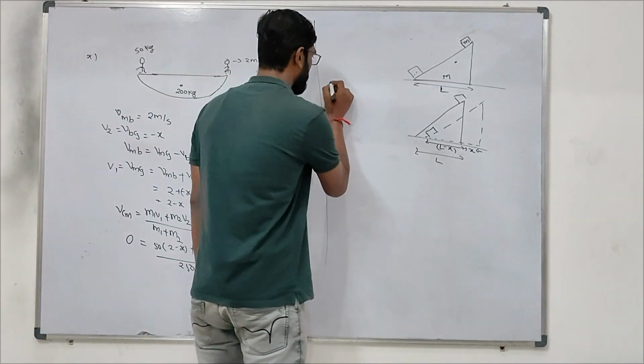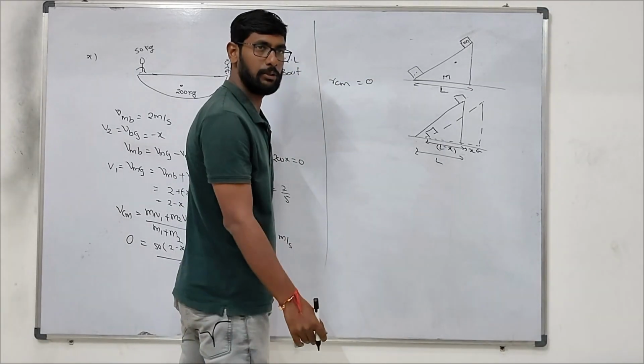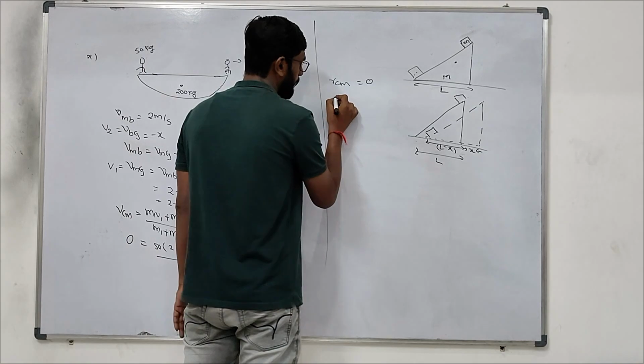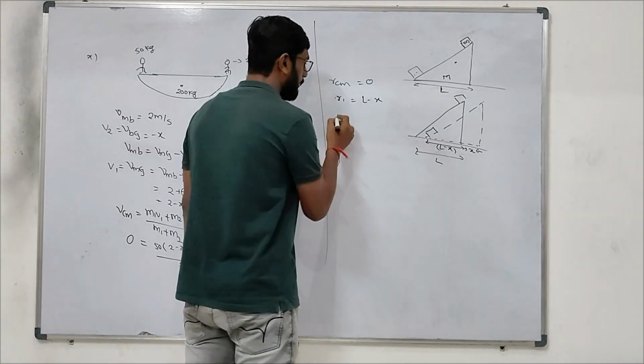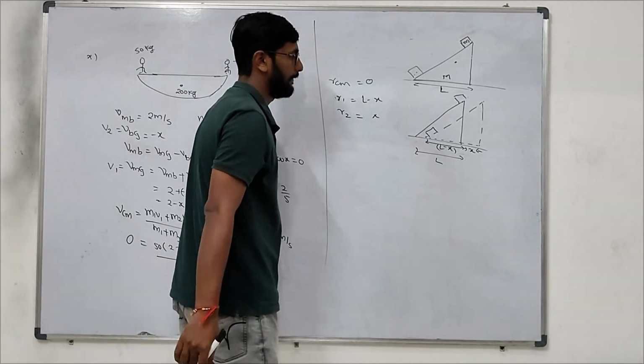So this RCM will be what? RCM will be 0. There is no change in position of center of mass. So we know R1 equals L minus x. R2 will be equal to x, right?